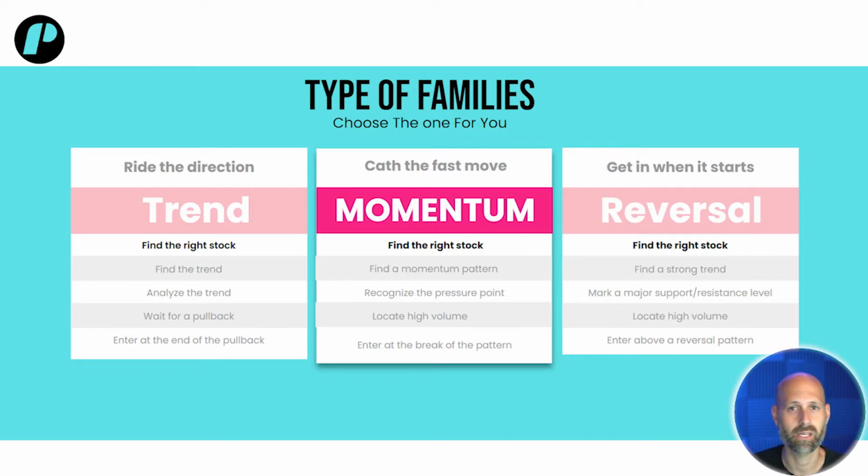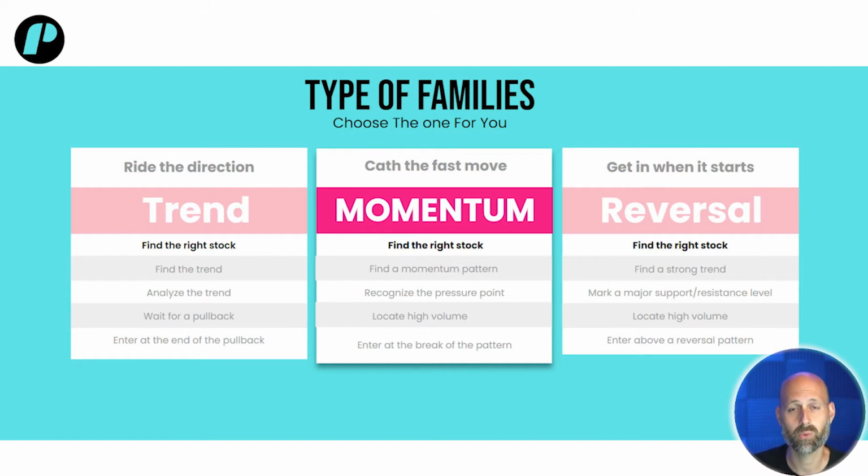So we're looking at the downtrend and we want to catch the bottom, or we sell the top, etc. In this workshop, we are going to talk about each individual family separately, and we will understand how to find the right asset, the right stock to trade for each one of them, which parameters you need in order to enter the trade, and how to handle and manage the trade, and all of those things.